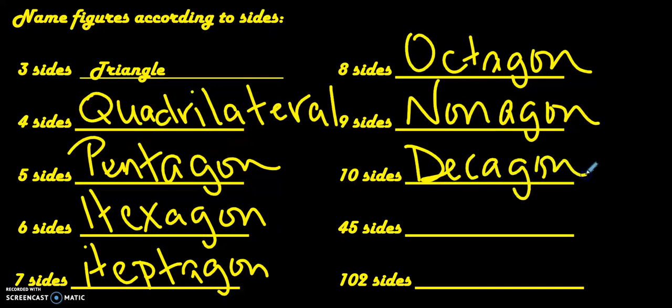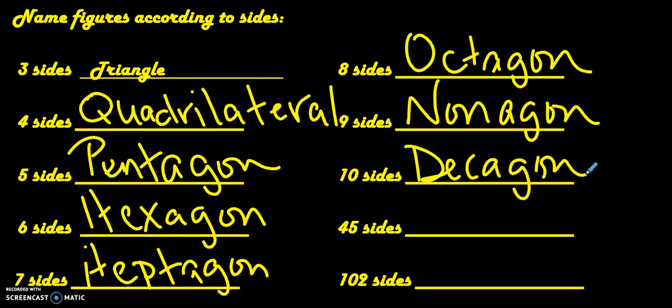If you think about the metric system, deca, that prefix means 10. You don't have this one, but an 11-sided is called a hendecagon, and 12 is a dodecagon. 13, a triskaidecagon. Once we get above those, we usually call them by number, but a 45-sided figure and a 102-sided figure do actually have names.